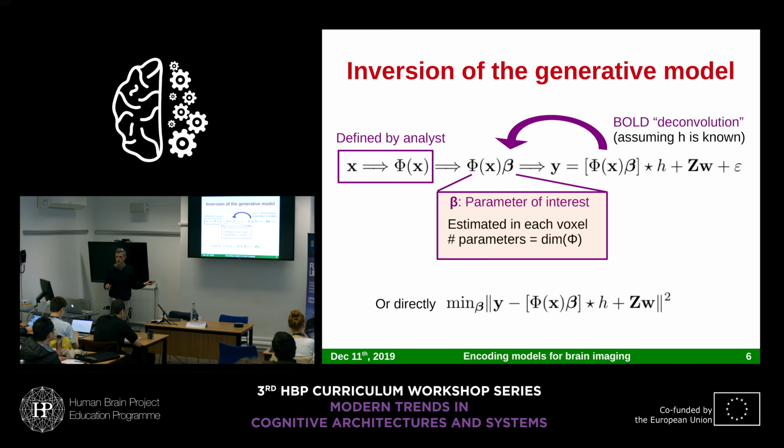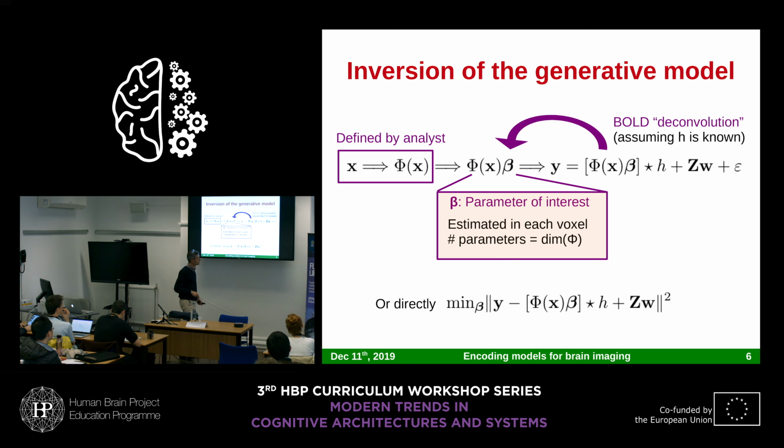Now, you've got x and you've got y. You've got the stimulus you presented and you've got the BOLD signal you measured. So how are you going to analyze this? Well, first of all, you will create the representation phi of x that you want. It's your choice as a modeler to decide which features of the input may be relevant to explain brain activity.